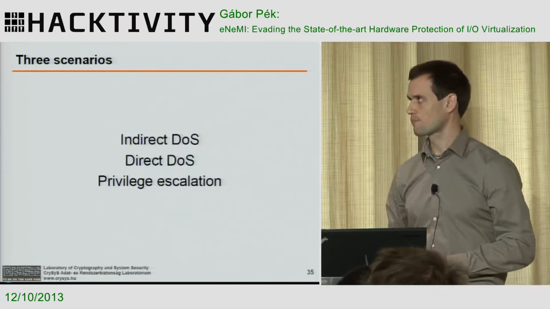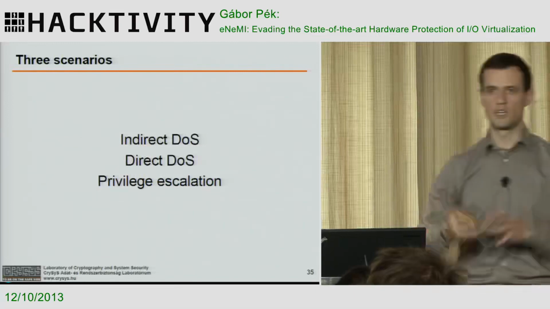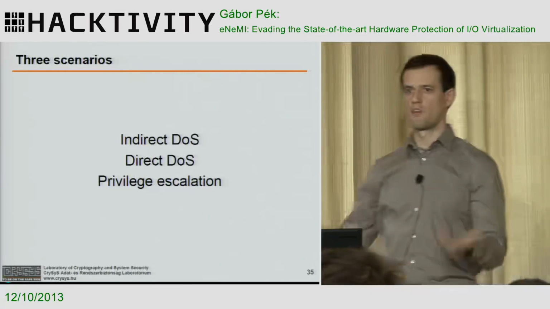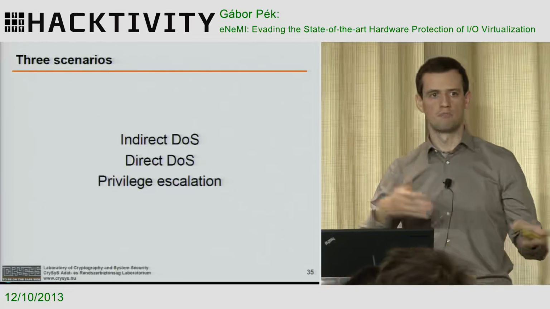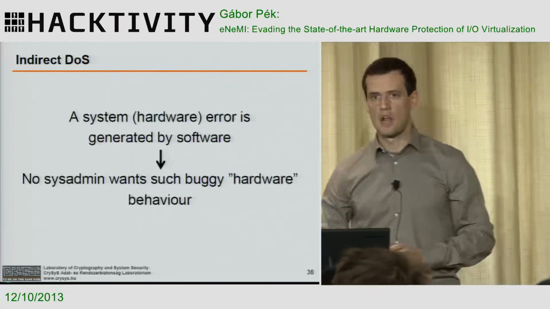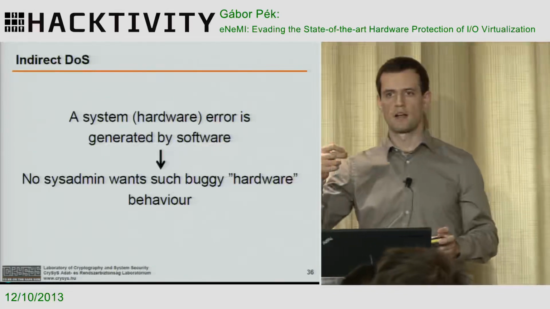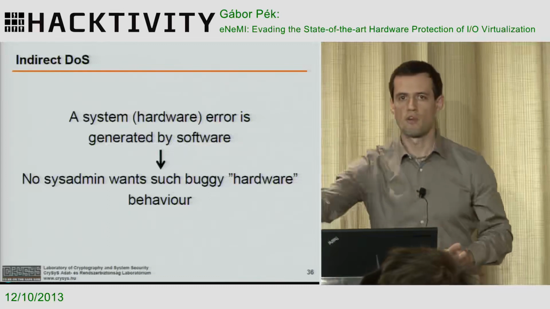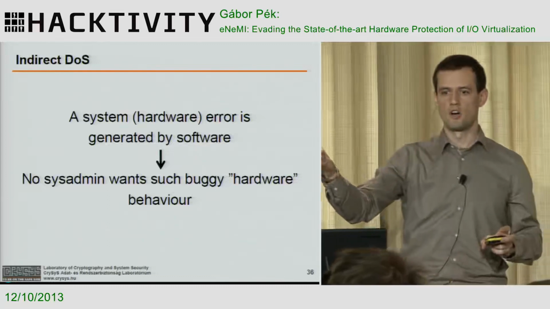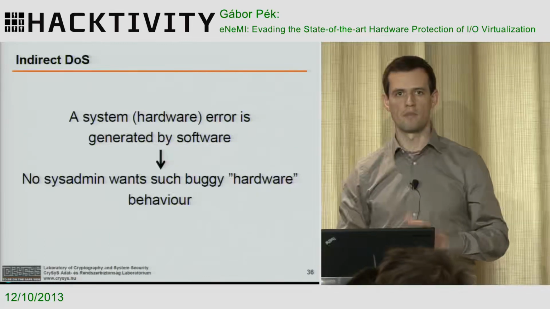So why not? What is the impact of this? We saw that we can do something that evades all the available mechanisms. So what is the impact? The first one is indirect DoS. A system hardware error is generated by software, and something is reported towards the admin. No system admin wants buggy hardware behavior.